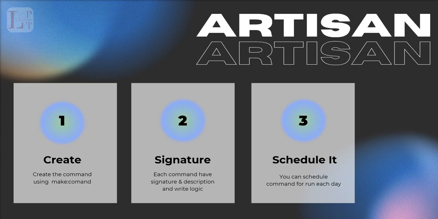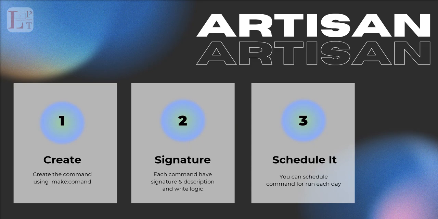Second one, every command has a signature and description, so we need to open that command and set the signature and description and write logic into the handle method. And third one is to test it, and we can schedule it and run that command automatically every day.